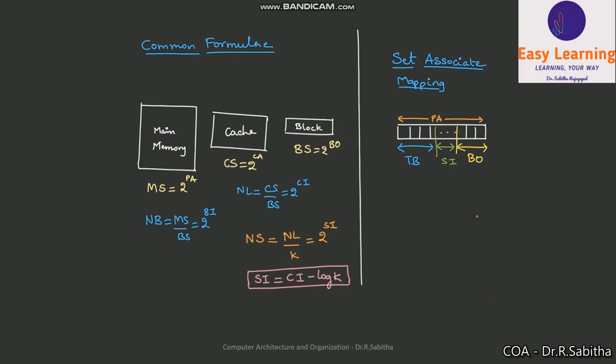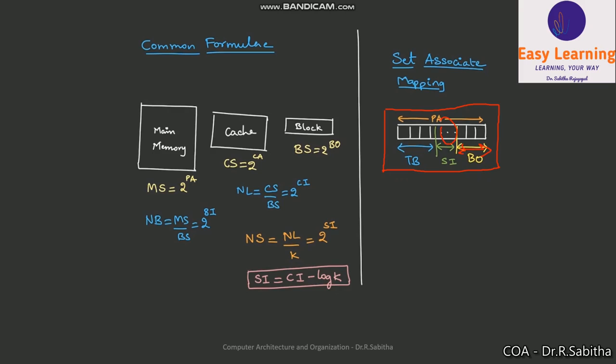So the physical address which is used for identifying whether the block is in the cache or not is in this format. You have the least significant bits for your block offset, the most significant bits for your tag bits, and the middle one will be your set index.